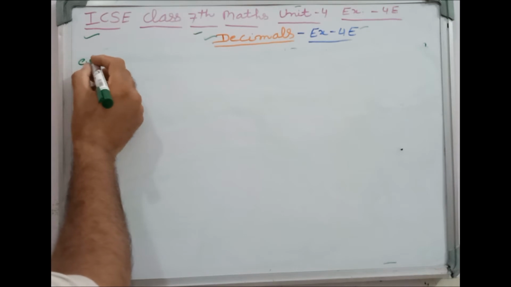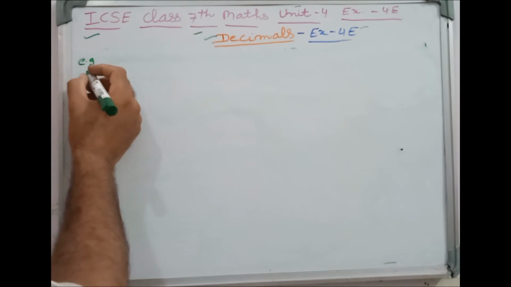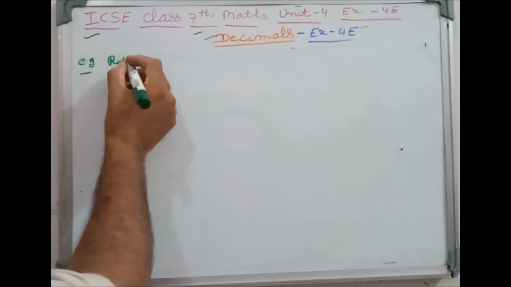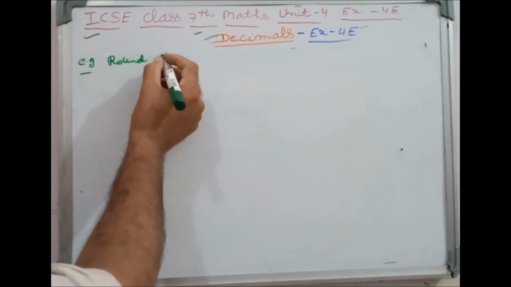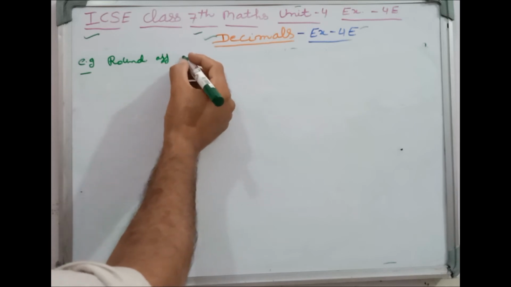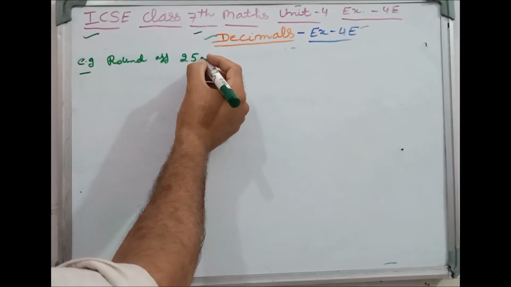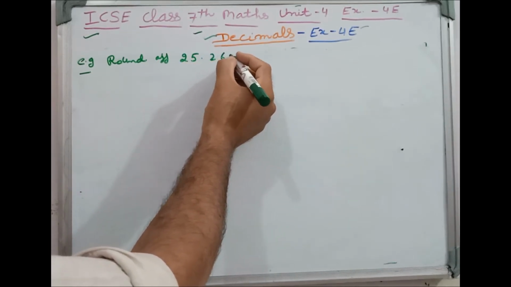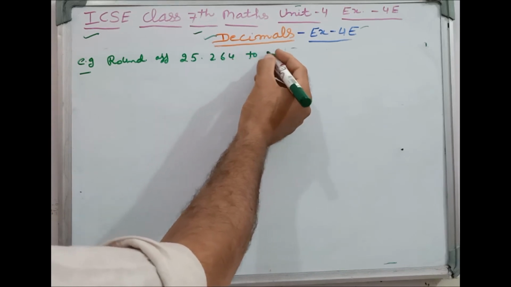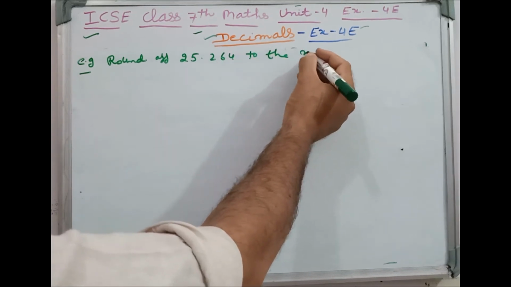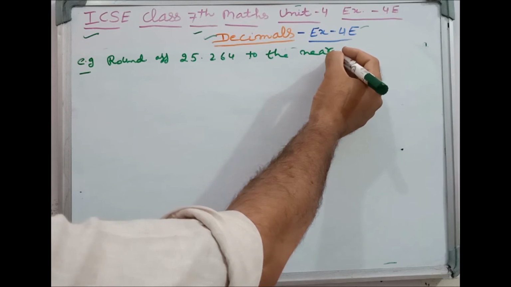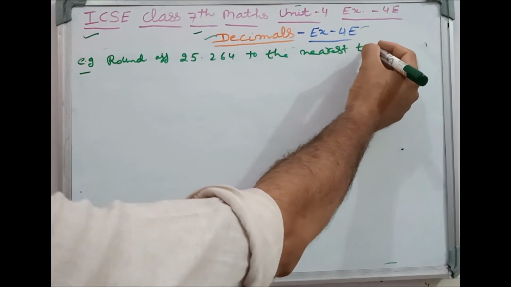We will say round off 5.264 to the nearest tenth.